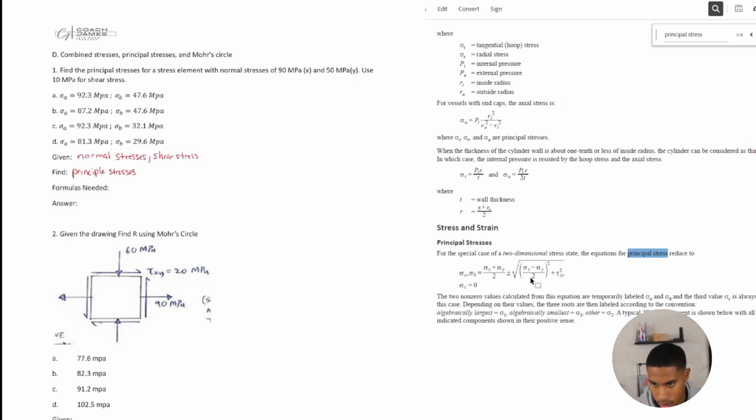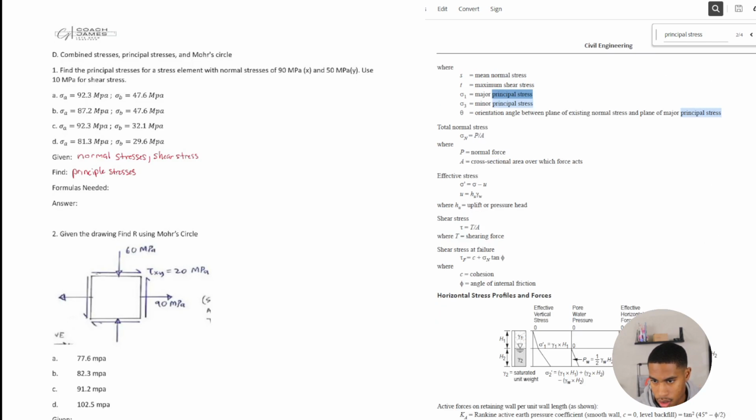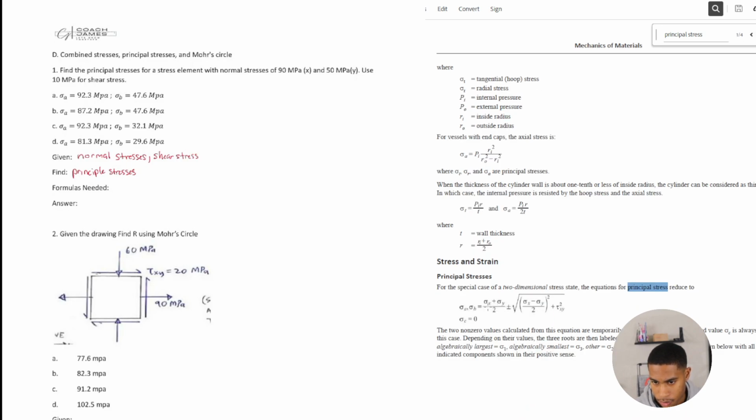So this is in two dimensions. That's one way, because we have our normal stress in the X, normal stress in the Y, and we have our shear stress. So we could literally solve that way.